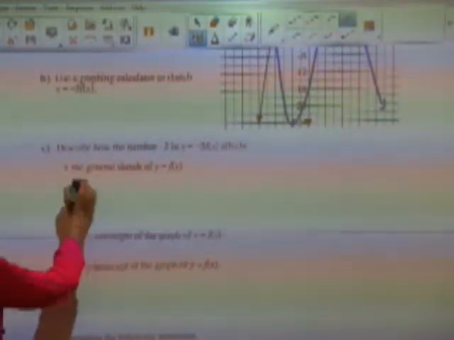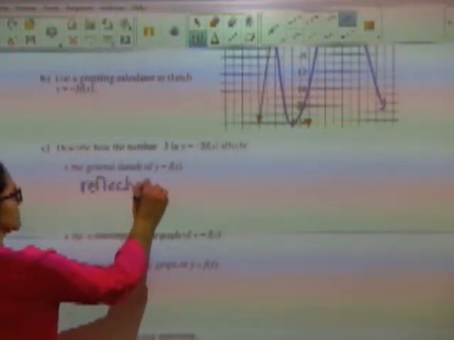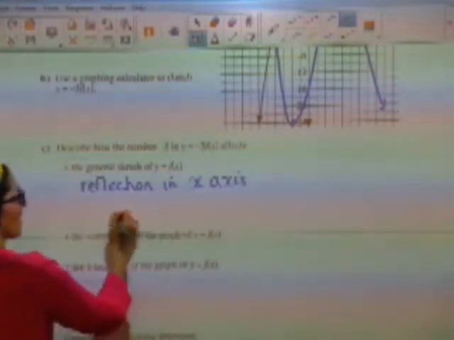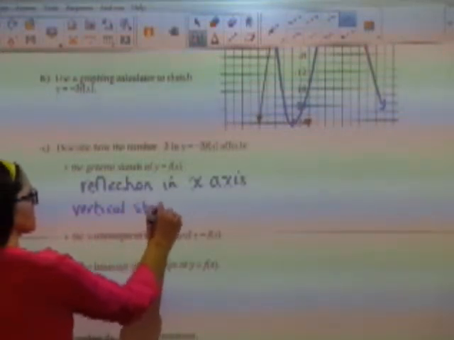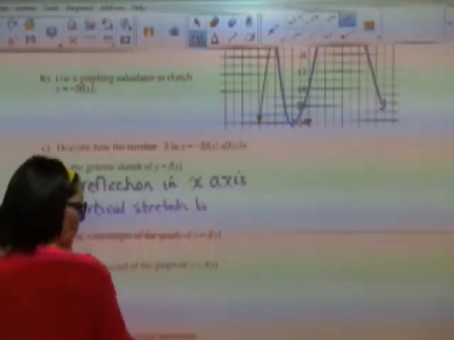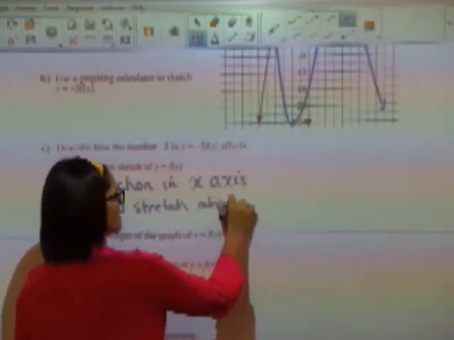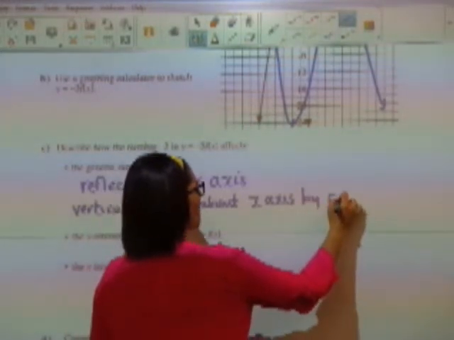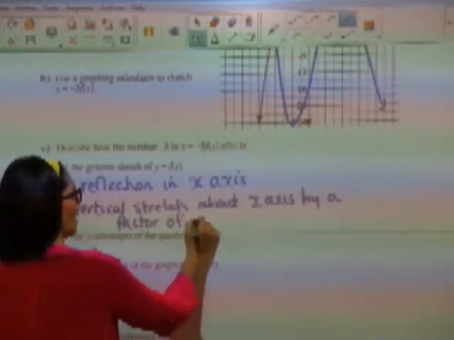And as Rachel pointed out, it looks like I have a reflection in the x-axis and a vertical stretch about the x-axis by a factor of 3.